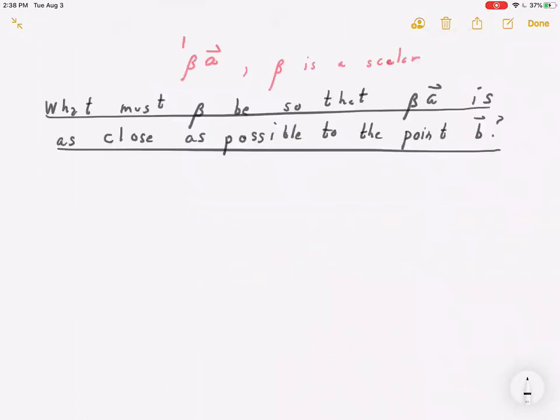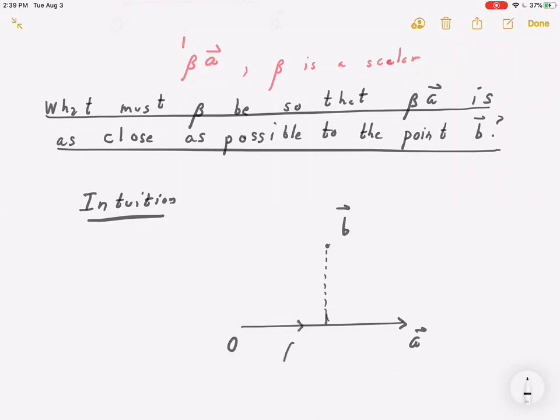So if you think about this for a minute, your intuition will save you and help you solve the problem. Let's rewrite the problem again. There's my origin, there's my vector A, here's my vector B. And I want to find a value of beta such that beta times A is as close as possible to the vector B?